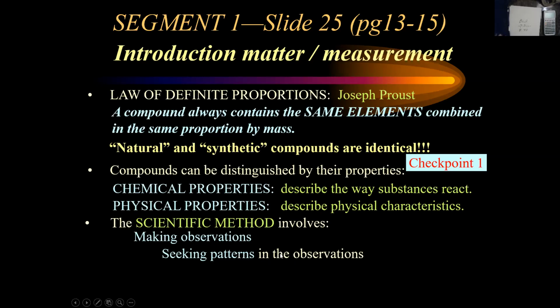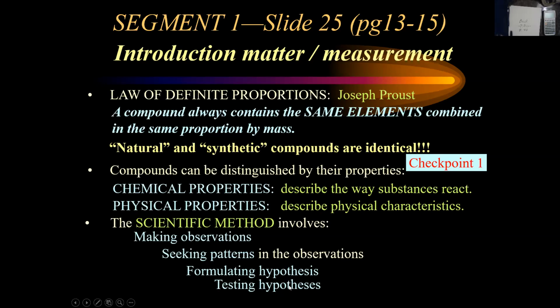That's a pattern that you've seen in those observations. Then you look at that and see if you can explain why these are all in the same pattern and why this pattern is different from that one. And this is a guess. It's called a hypothesis. So you make a guess as to why this pattern exists and what it means.